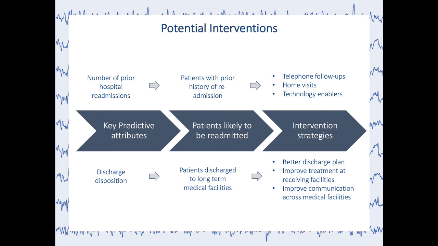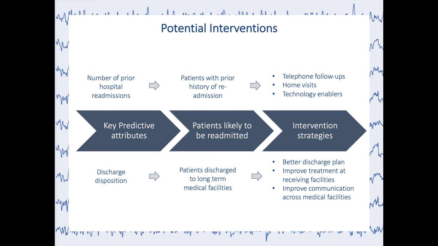Our models identified several key predictive attributes that can be leveraged as a basis for potential interventions. One such attribute is the number of readmissions for a given patient. Those patients having a high number of prior readmissions are also at a high risk, and thus they require proactive care plans.